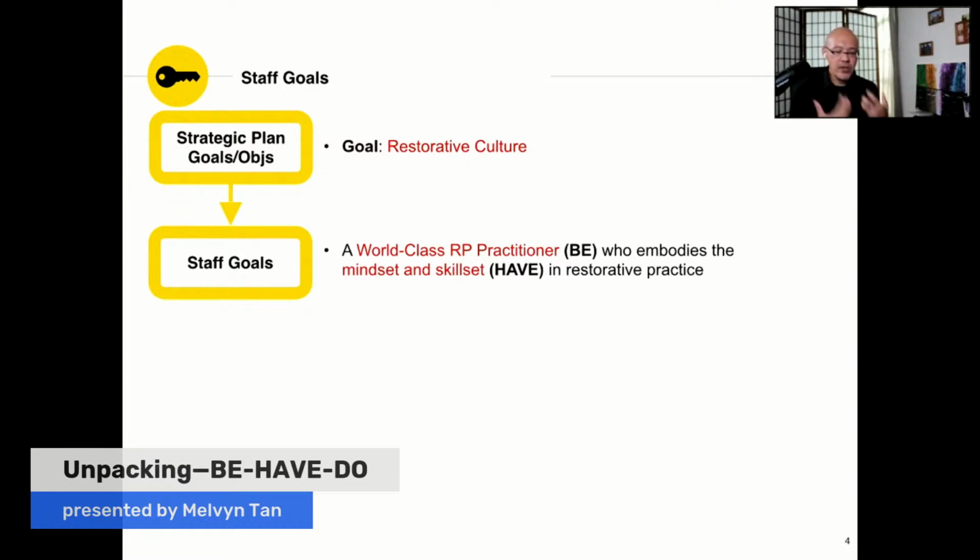And so, what must a world-class RP practitioner have? Well, they must have the mindset and the skill set in restorative practice, right? That gives you an idea of who we want them to be and what they must have.